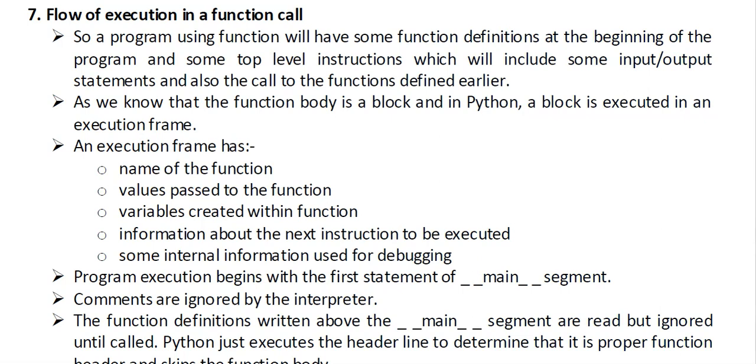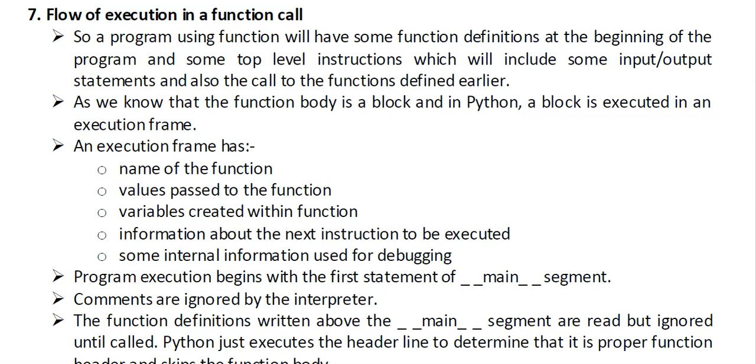What will the top level instructions be? They can be some input output statements and the calls to the functions, because if you do not have the call to the function, how will you use that functionality? So you use the functions through function calls, and the function calls are always in the top level statements.